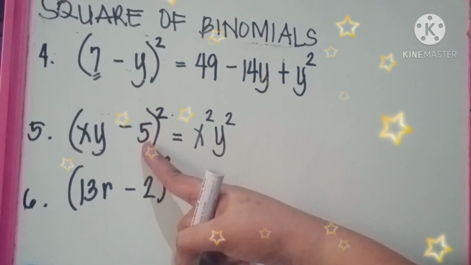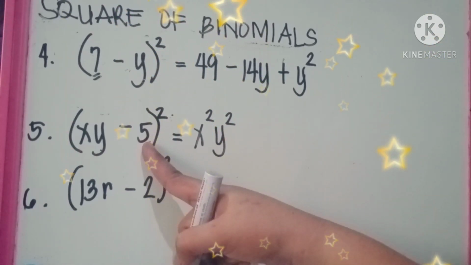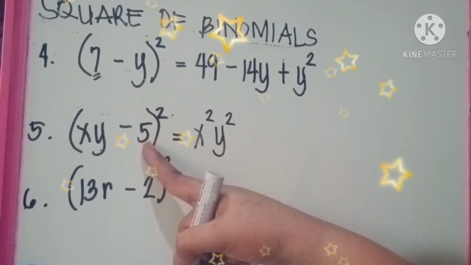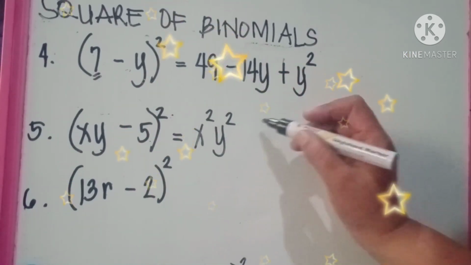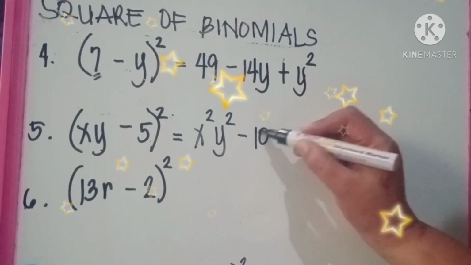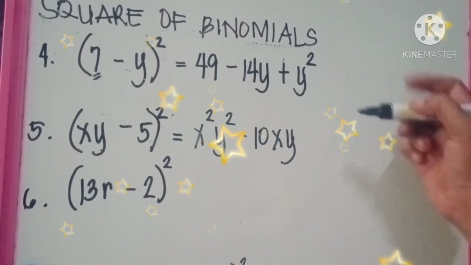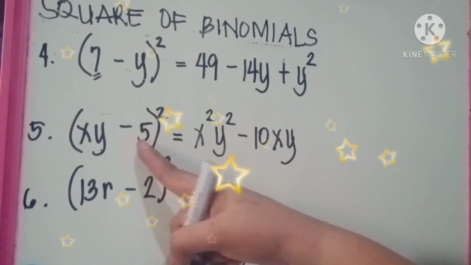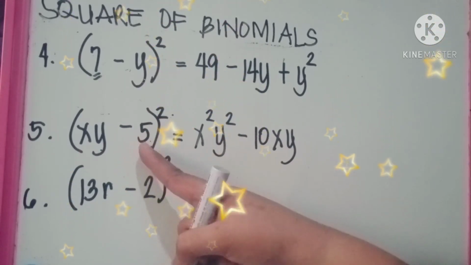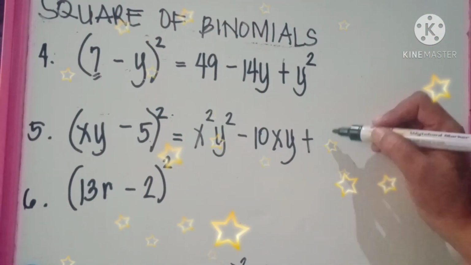So, that is negative 5xy. Then, multiply it by 2. So, we have negative 10xy. Then, for the last term, we have negative 5 multiplied by negative 5 is positive 25.